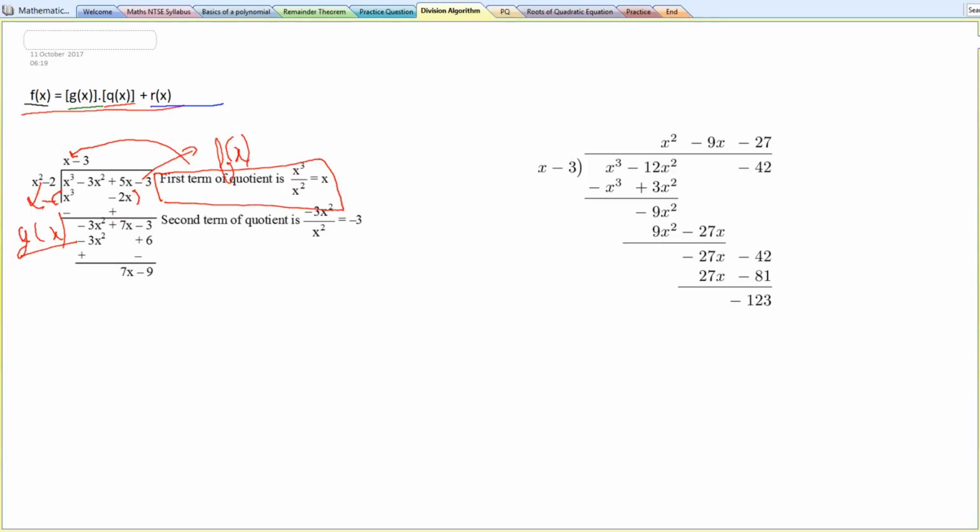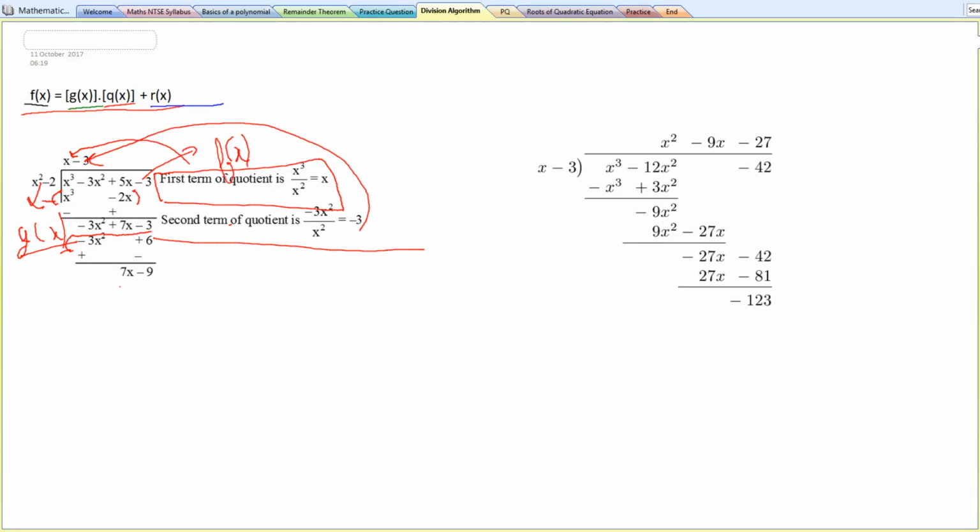Now the highest degree term here has to be matched with the highest degree term of the divisor. The highest degree term here is minus 3x square, and in my divisor it is x square. So the second term of the quotient becomes minus 3x square upon x square, which is minus 3. When I multiply it by minus 3, I get minus 3x square plus 6. Again signs have to be interchanged because this is subtracted.